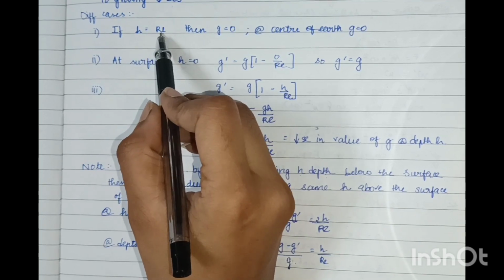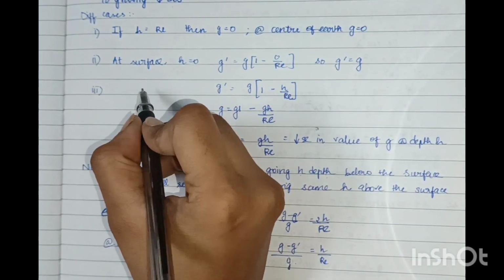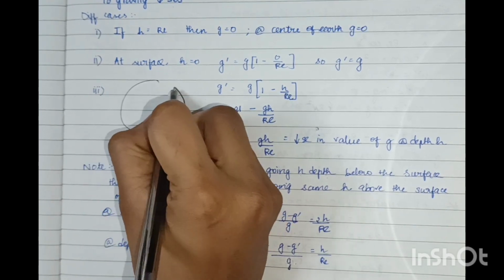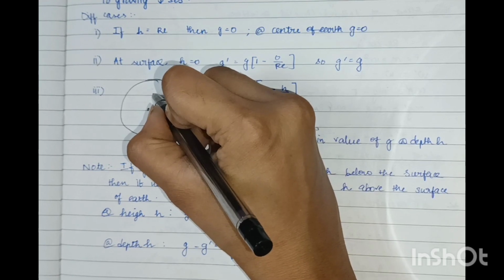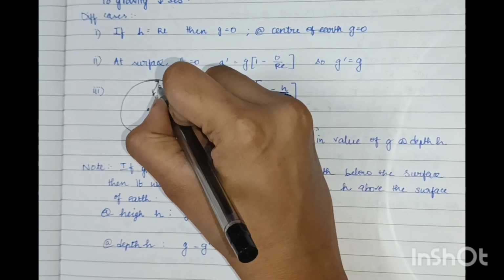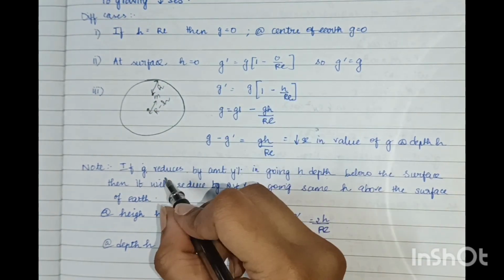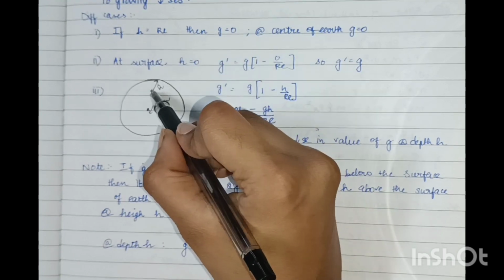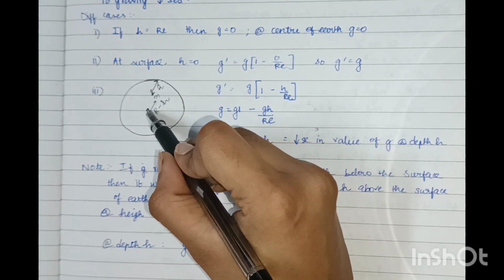Now let us see the different cases while we are going to a certain depth. If h equals r, what does that mean? I will draw a diagram here. If this is the earth and this is where the body is placed, then we have seen the depth is h and this distance will be r minus h. Now if h equals r, that is, if this depth equals the radius, that means the body is at the center.